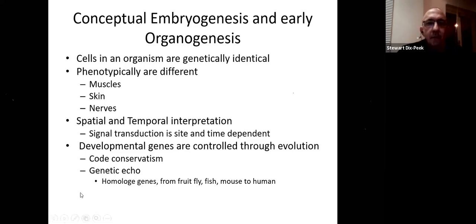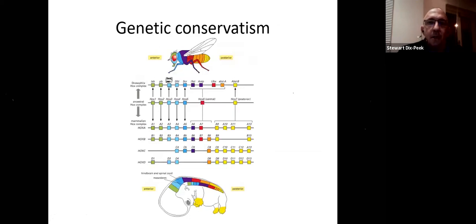And then there's this whole concept of genetic conservatism and echoes, that you might have homolog genes that would have very similar codes between fruit flies, fish, and ourselves. This is just a slide to show that the essential building blocks between the groups are the same.